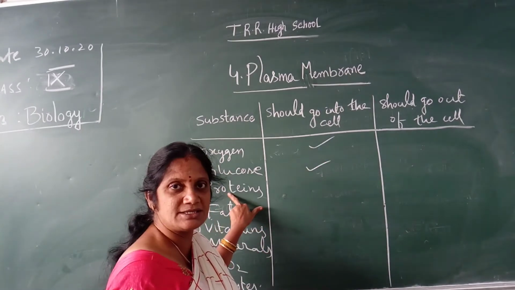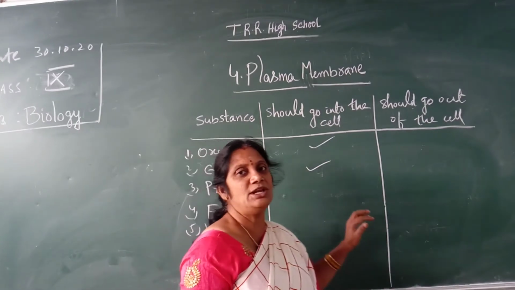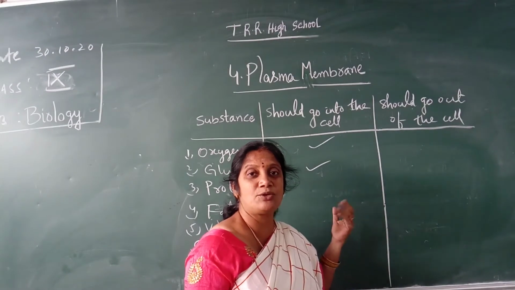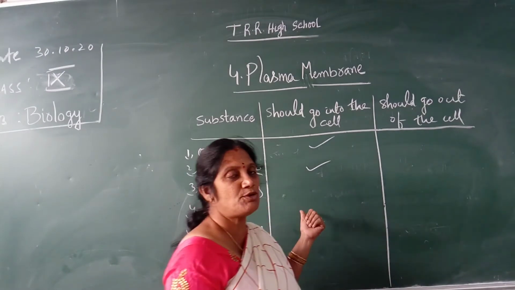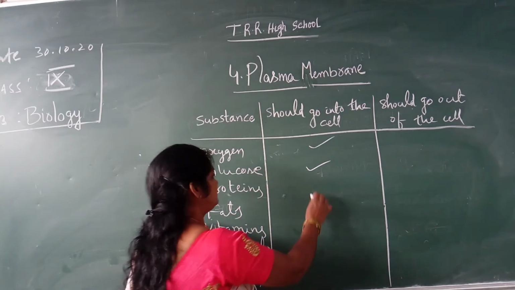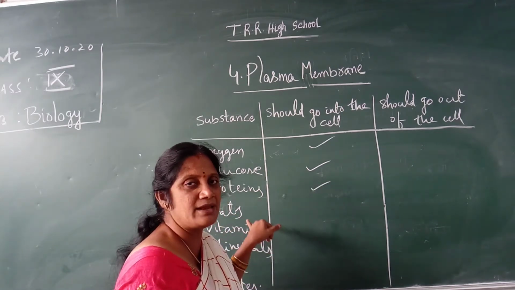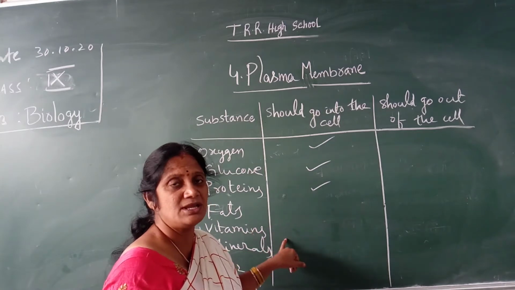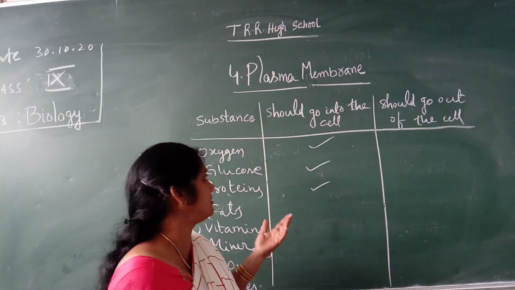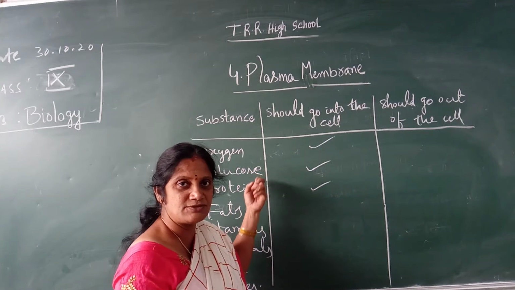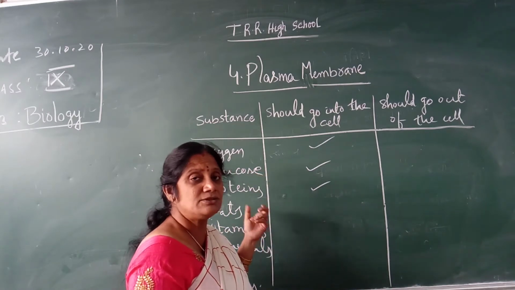Then proteins. Yes, proteins are the building blocks of our body. They help our growth, so proteins are required. Then fats. Fats are also energy producing substances. They produce more energy than glucose.